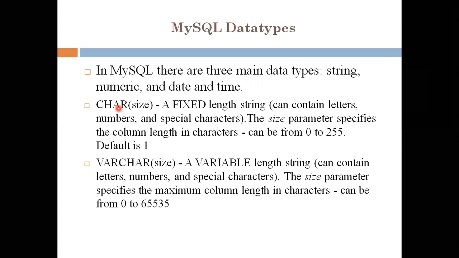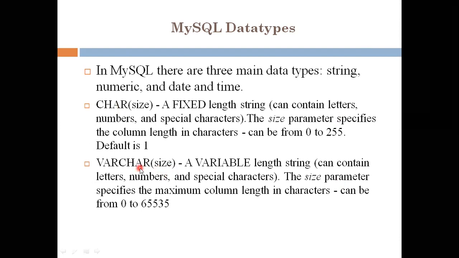For example, let me take name as the field where I am going to hold student names. I can't go with a fixed size here, right? Each and every name will have a different string length.